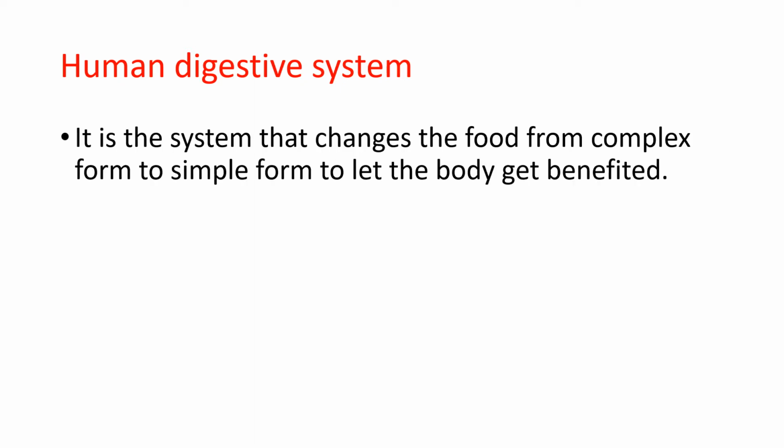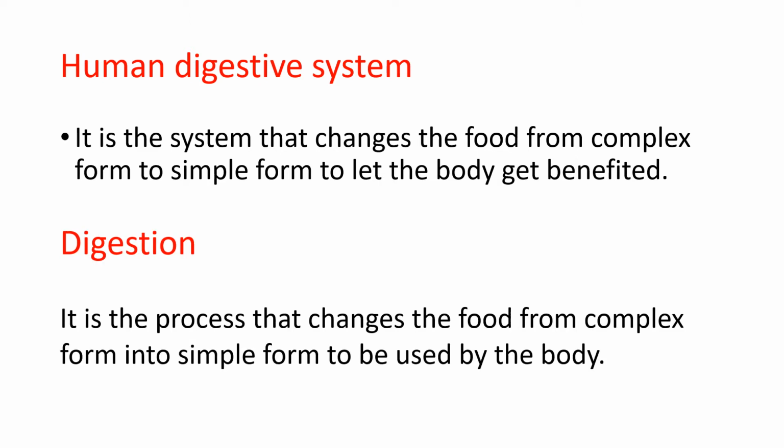Let's start with the human digestive system. It's the system that changes the food from complex form into simple form to let the body benefit. Digestion is the process that changes the food from complex form into simple form to be used by the body.